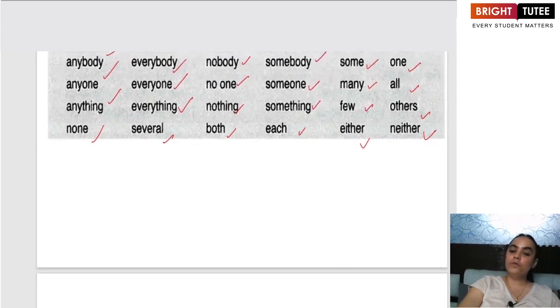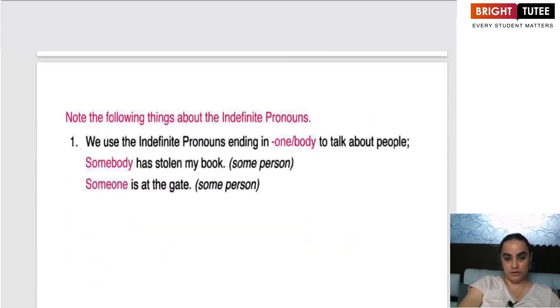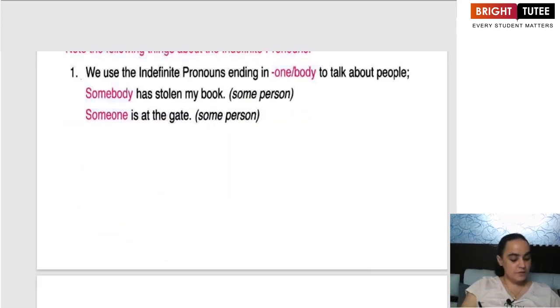Now, when do we use the indefinite pronouns? First, we use the indefinite pronouns to talk about people. Those indefinite pronouns which end with body or one: someone, somebody, no one, nobody, everyone, everybody, anyone, anybody. So those pronouns which end with one or body will always be used for people.